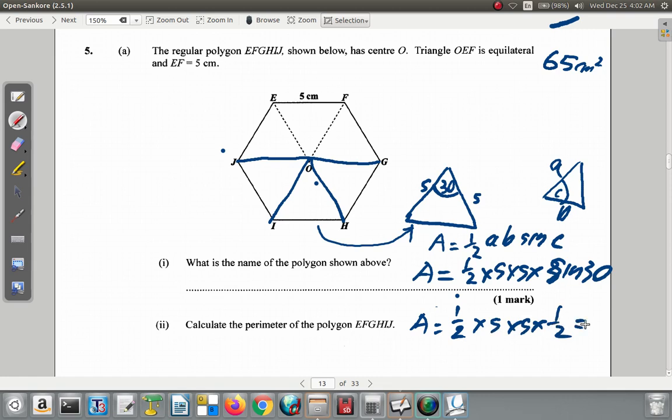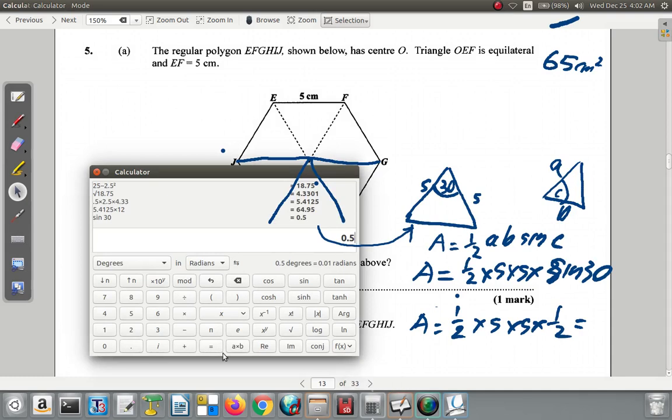So what you would get is half of half of 25. Now if you consider that when you multiply the 5 by 5, you get 25 times half by half is a quarter. You could put 0.25.